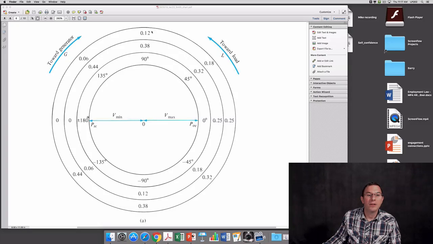This middle scale tells you how far you are away from the load, and the innermost scale here tells you the angle of the reflection coefficient. All right?